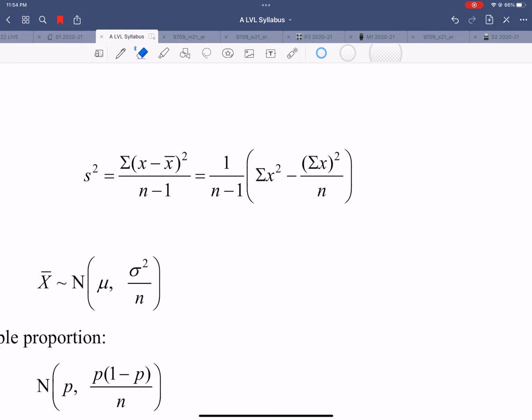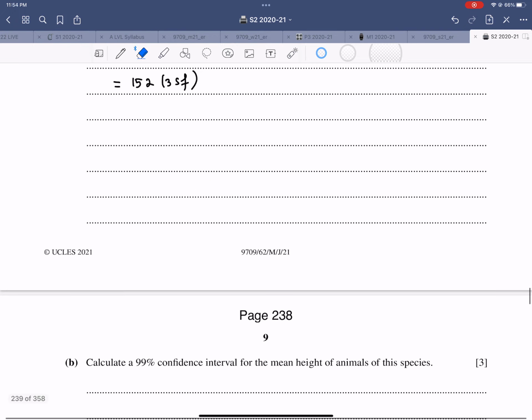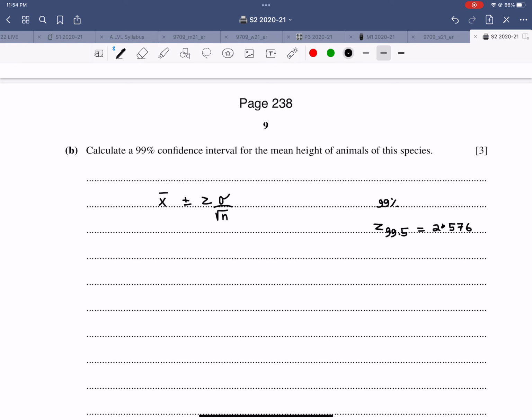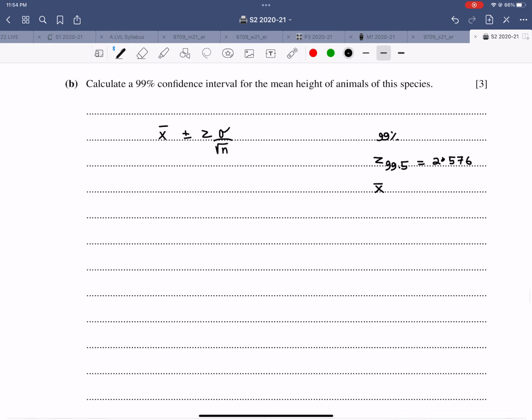Calculate a 99% confidence interval. So the formula is x bar plus minus z sigma over root n. First of all, 99% means 99% in the middle. So z value is for 99.5. I remember it. This is 2.576. X bar, you already calculated it. I think that is 75.7. Sigma would be square root of 151.525.